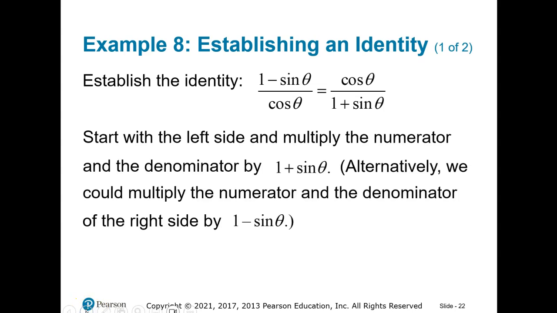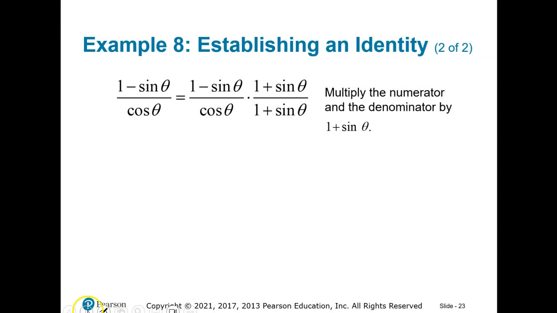It doesn't really matter because they're such similar expressions. But I'm just going to arbitrarily do the left-hand side and multiply the top and bottom by the conjugate of the numerator. All right, again, when you do that, you take the negative version, square this, square this. That's what happens when you multiply conjugates.